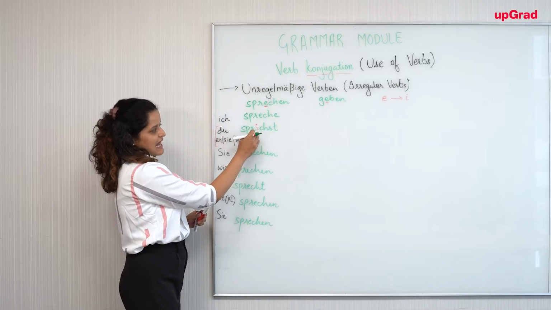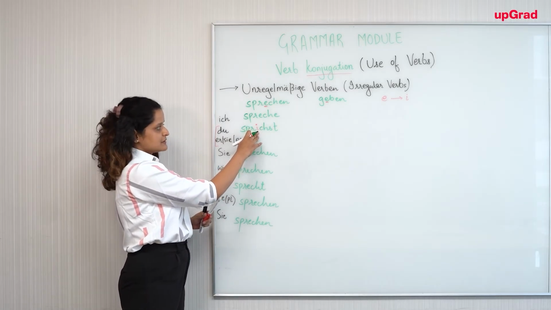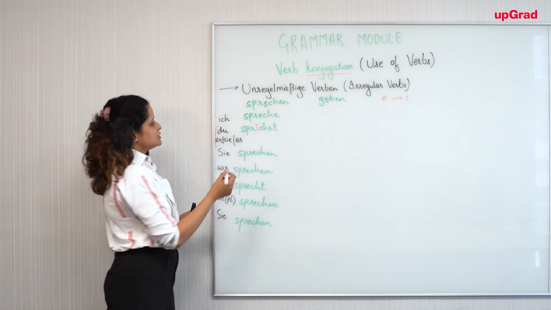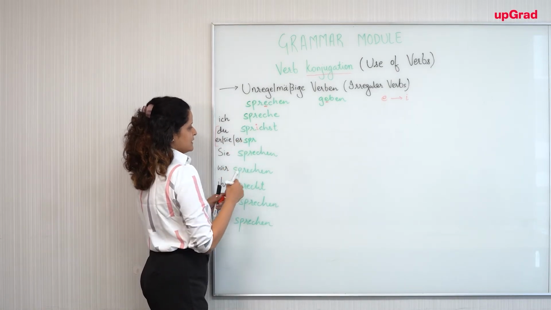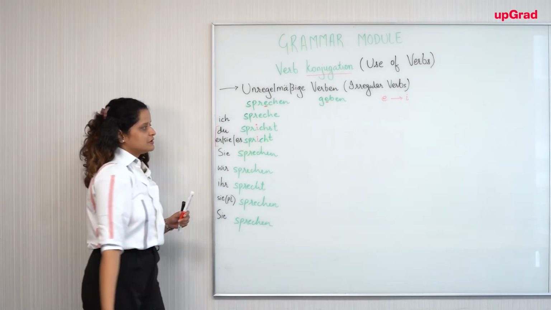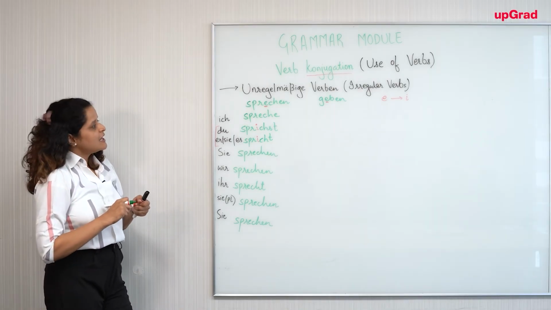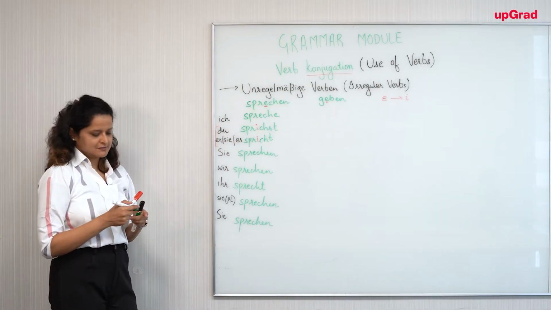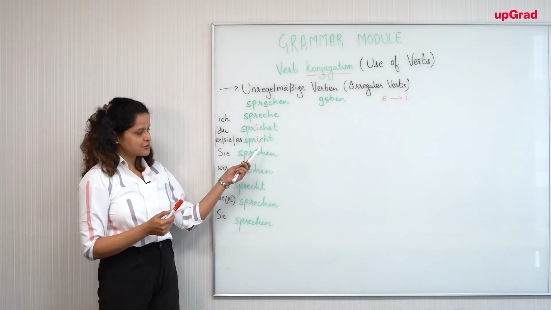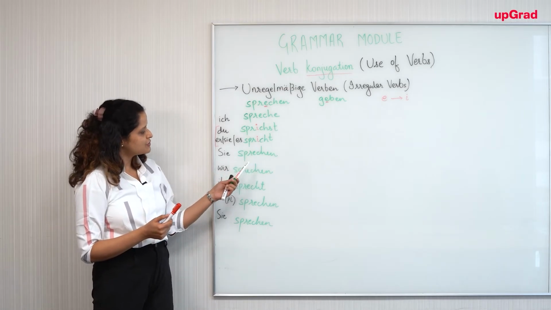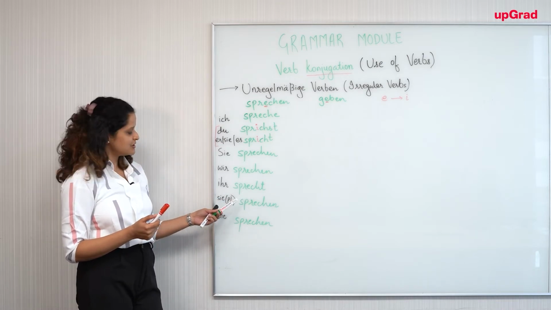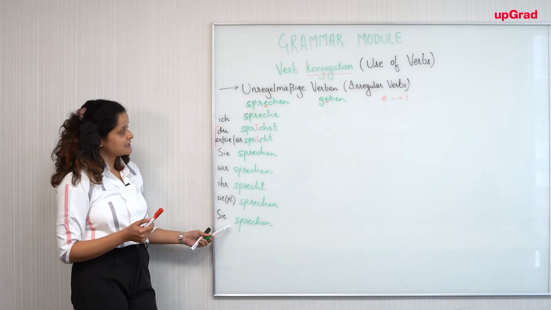There is only this I that we have to use instead of the E. So du sprichst. The same change will happen for er/sie/es. The conjugation here becomes spricht. So ich spreche, du sprichst, er/sie/es spricht, Sie sprechen, wir sprechen, ihr sprecht, sie sprechen.